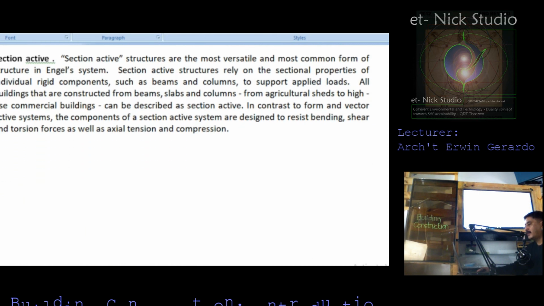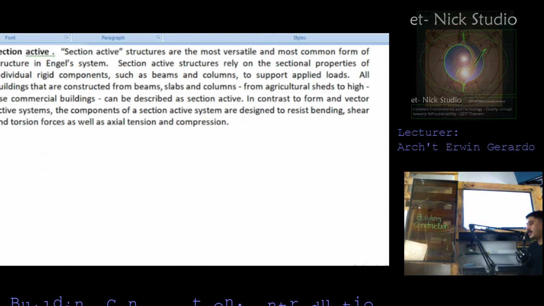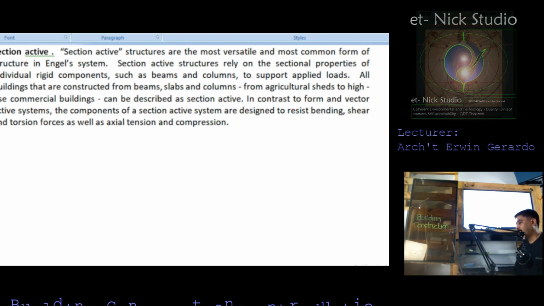Section active structures are the most versatile and most common form of structure in Engel's system. Section active structures rely on the sectional properties of individual rigid components, such as beams and columns, to support applied loads.